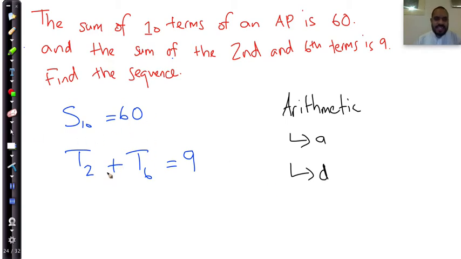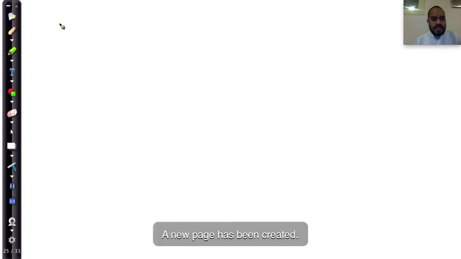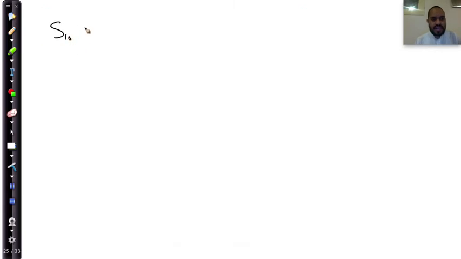S10 equals 60, T2 plus T6 equals 9. Okay, so I'm going to do that again over here. S10 is equal to 60, and also given is that T2 plus T6 is equal to 9. Right. So what does this mean?